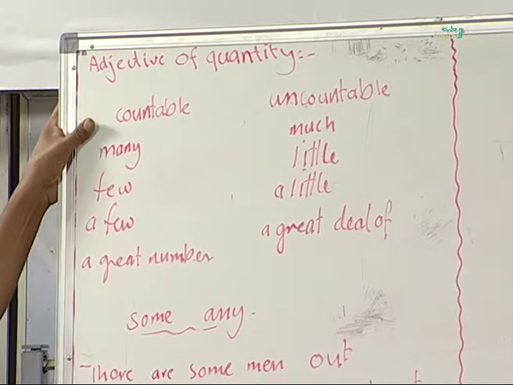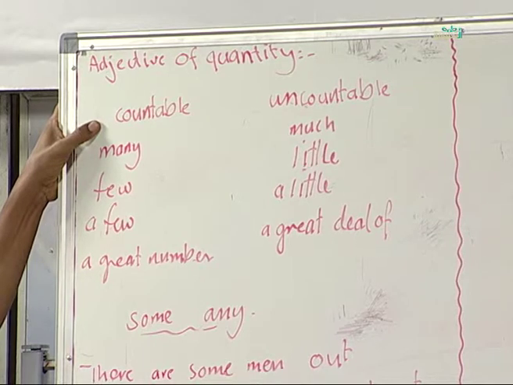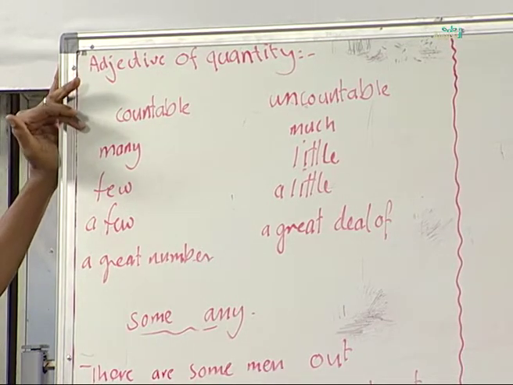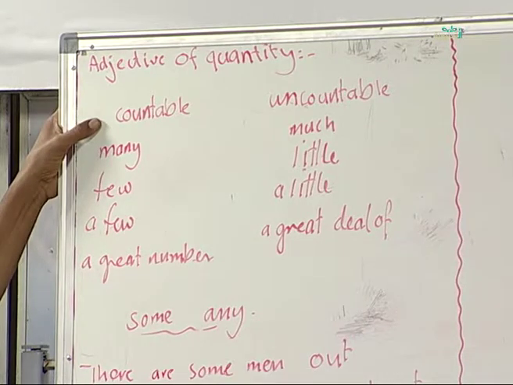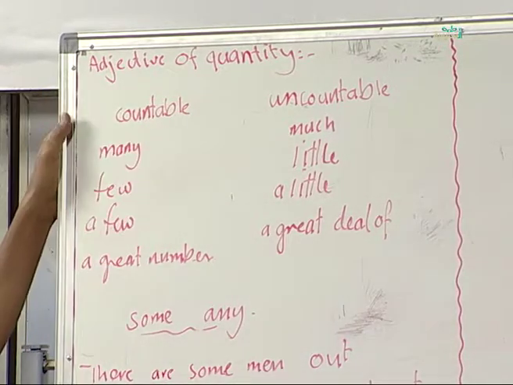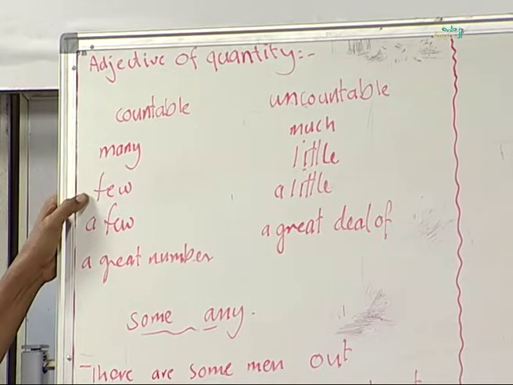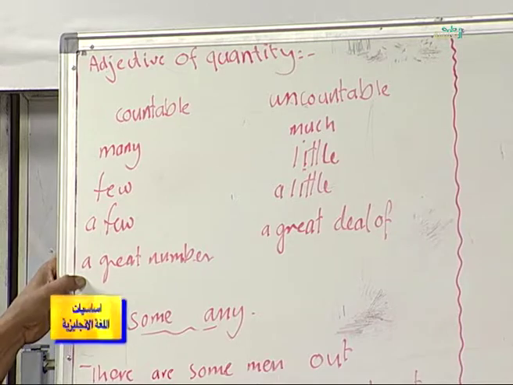And according to numbering, there are two types of nouns. The first one, we call it countable noun. The second one, we call it uncountable noun. For countable nouns, we use many, few, a few, a great number.